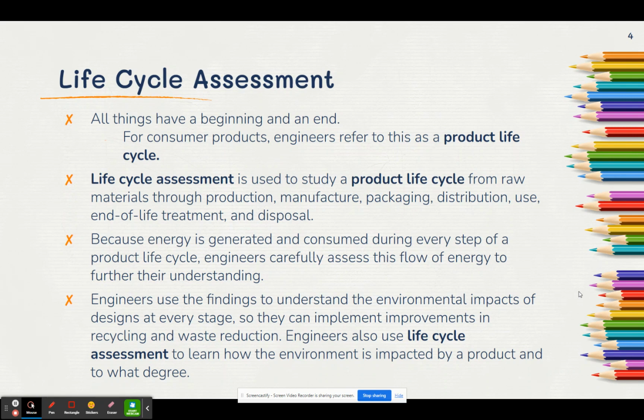Because energy is generated and consumed during every step of the product life cycle, engineers have to carefully assess this flow of energy to further their understanding. And engineers use the findings of a life cycle assessment to understand the environmental impacts of designs at every stage, so they can implement improvements in recycling and waste reduction. Engineers also use the life cycle assessment to learn how the environment is impacted by a product and to what degree.